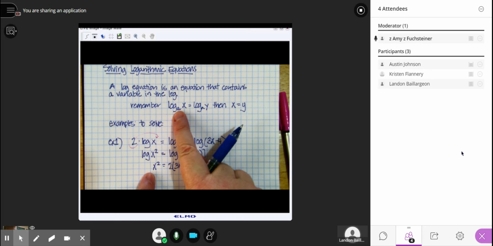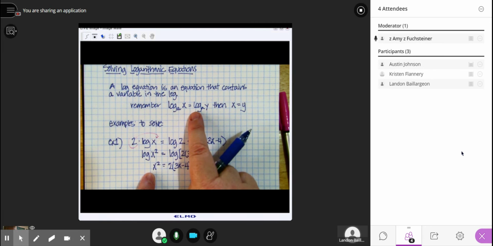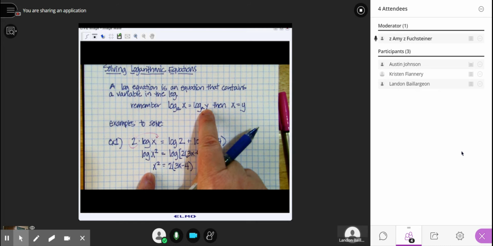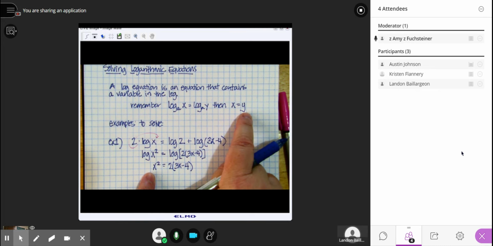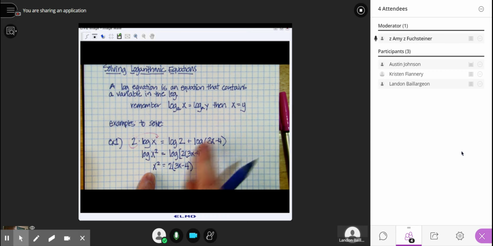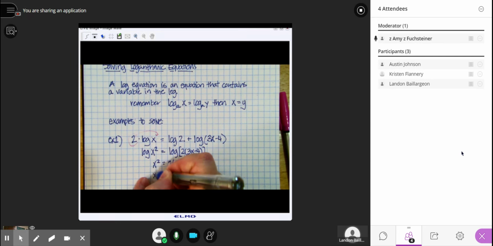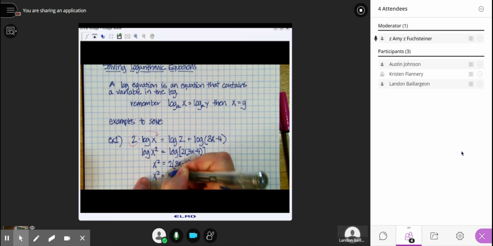If we have a log base a of x equal to a log of the same base of some other expression y, then x and y have to be the same. And now I have a quadratic. X squared is 6x minus 8, or x squared minus 6x plus 8 has to be 0.